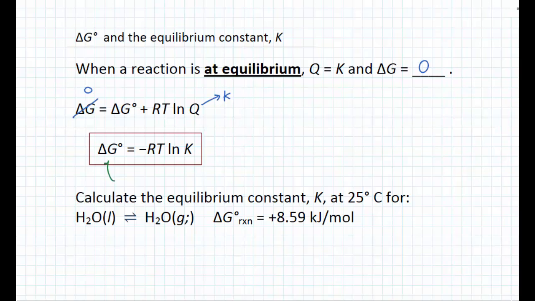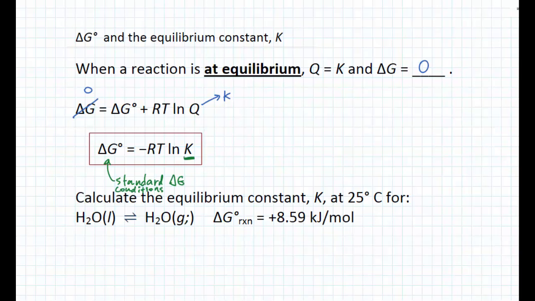The standard delta G, standard conditions, related to the equilibrium constant, which we had 2 whole chapters on. So it all came from the fact that Q can make our standard delta G bigger or smaller.